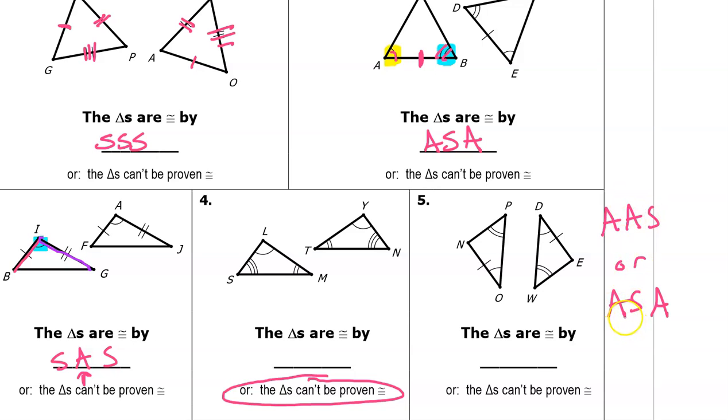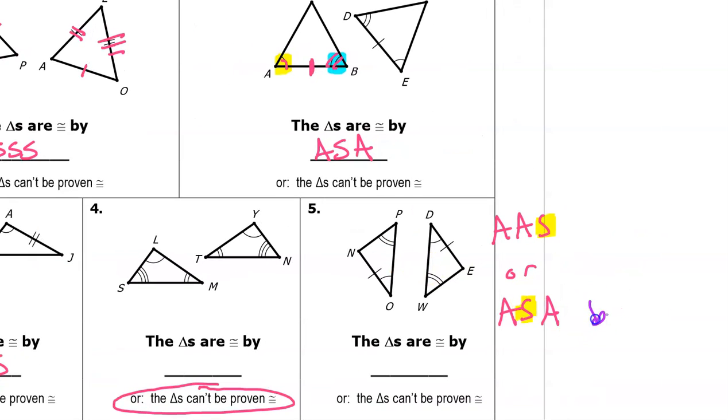The way we choose is we ask ourselves, is the side between the two angles or not? Okay, if the side is between, we're going to choose this one. If the side is not between, then we're going to choose this one.